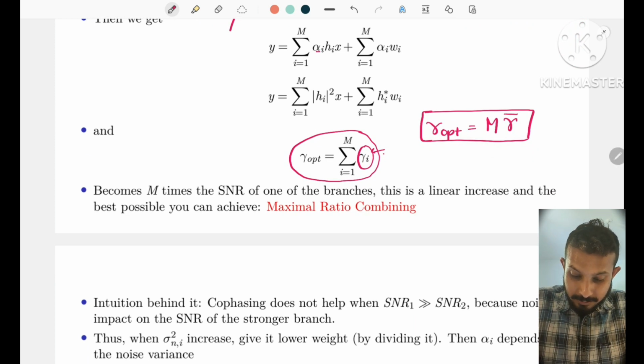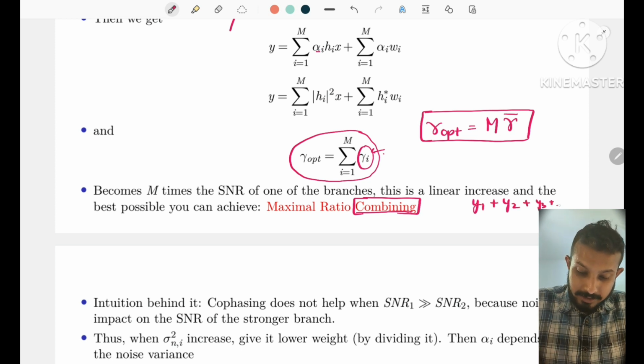So we are combining the received signals, the different received signals. We have y1, we have y2, we are combining all these signals, and then we have ratio because we are providing different weights, or we can say we are doing weighted co-phasing.